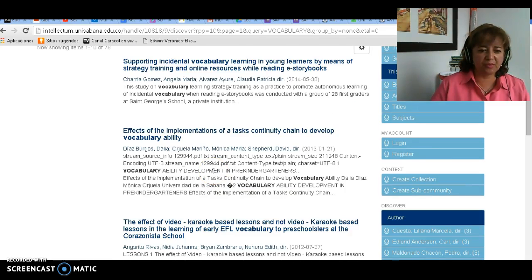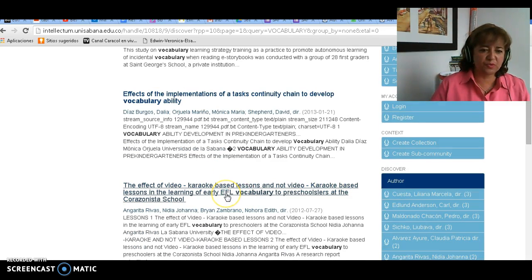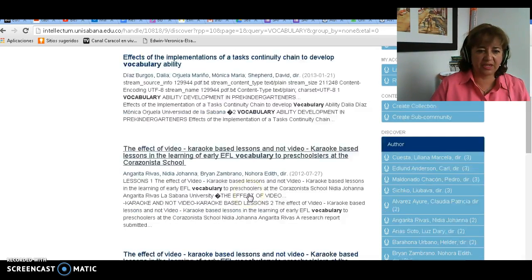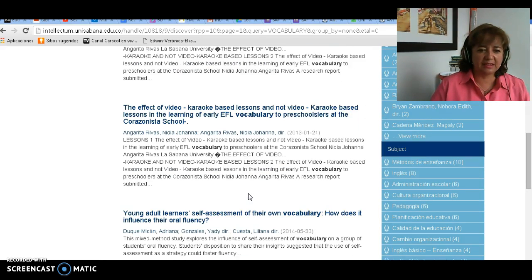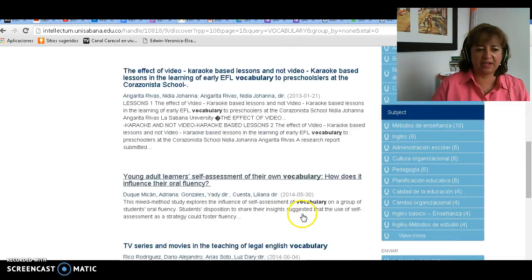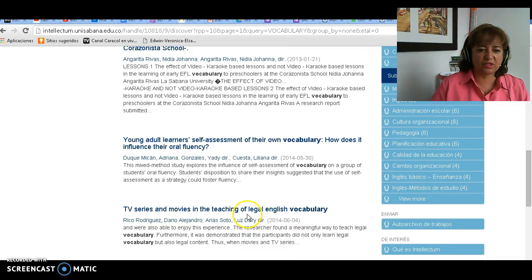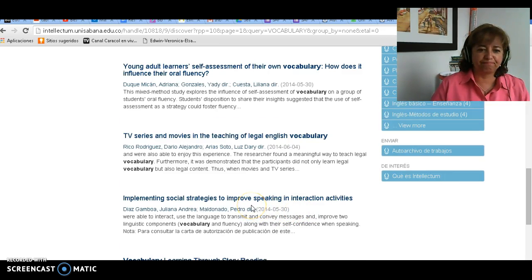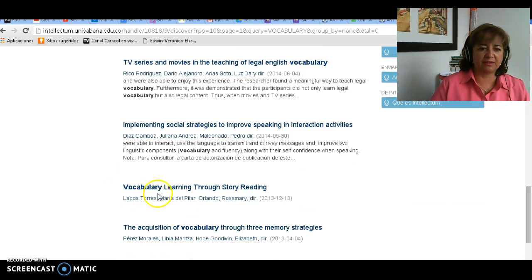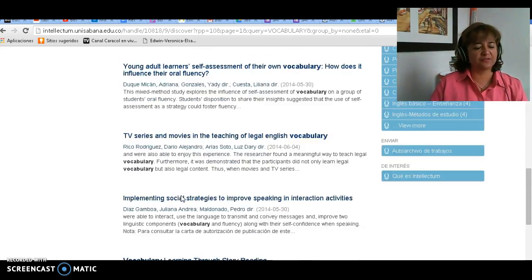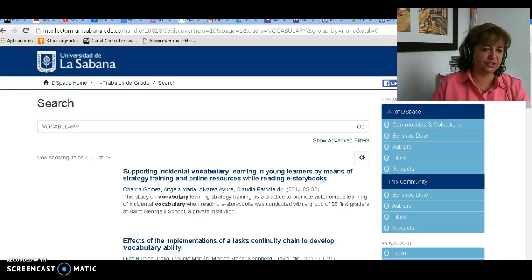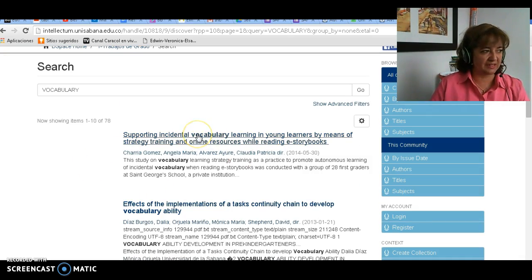Let's say, for example, make it more specific, saying EFL vocabulary. These ones talk about self-assessing vocabulary. This one is talking about legal English vocabulary, etc. So it's very important that through your literature review, you identify what specific area of vocabulary you want to deal with.